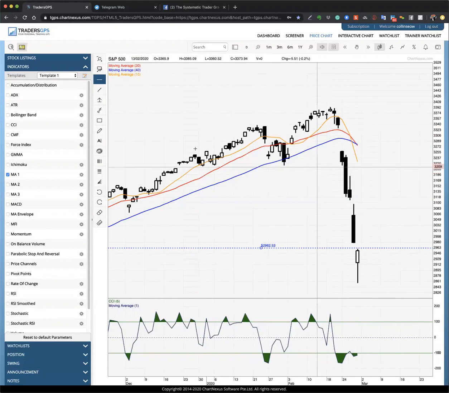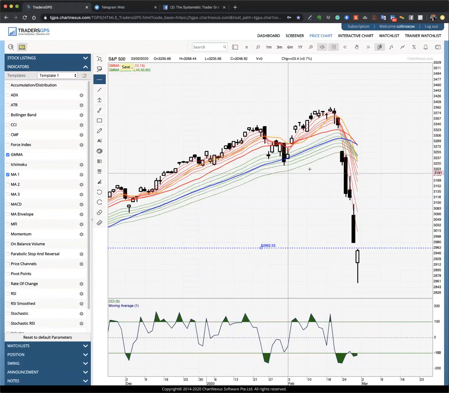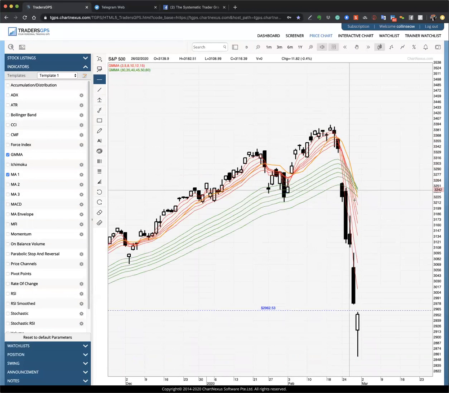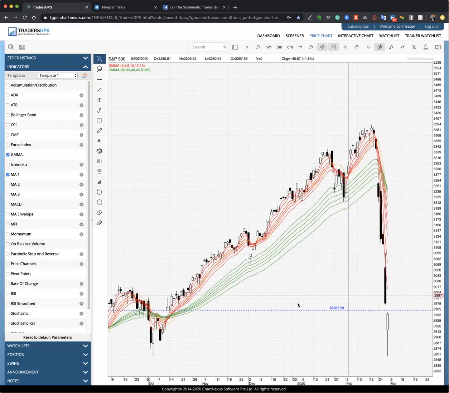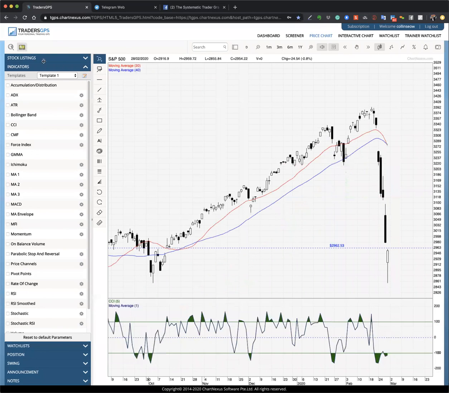But you can see the trend is already starting to turn downwards. You can see the GMMA here starting to turn downwards for your S&P index, and it's a very impulsive wave down. So this gives us a trading opportunity later for a daily swing short. Not now, because right now there is no opportunity to short.